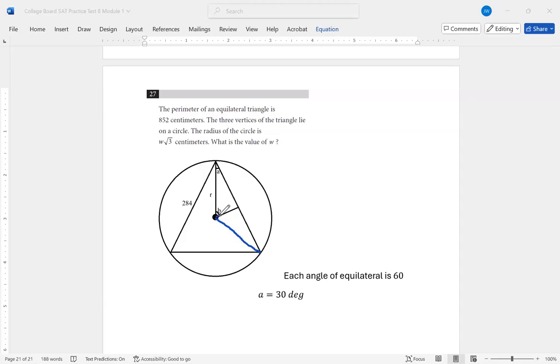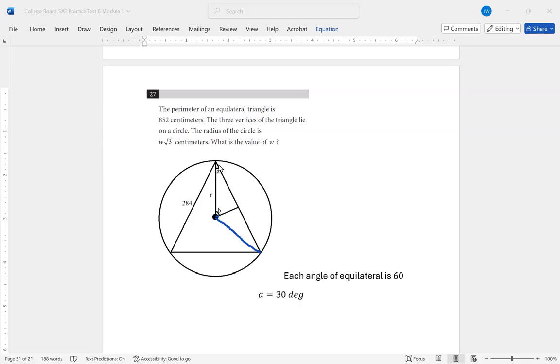So if I bisect here, what I end up seeing is that not only do I have a right triangle here, but this angle B is going to be 60 degrees.